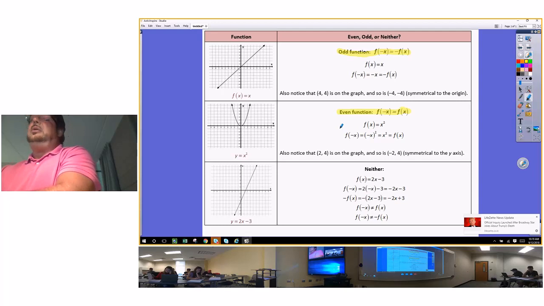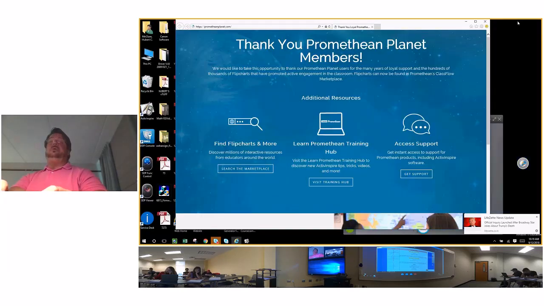Even means that f of negative x should be equal to f of x. Yep. And even is around the y-axis, and odd is around the origin. Remember, O and origin is an easy way to remember.